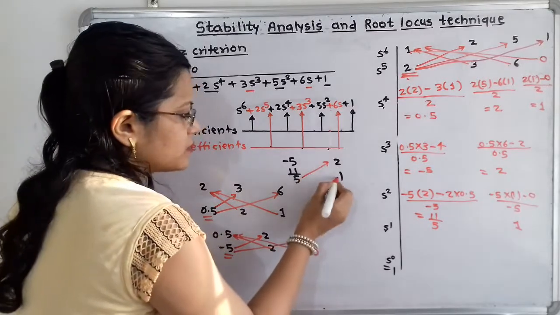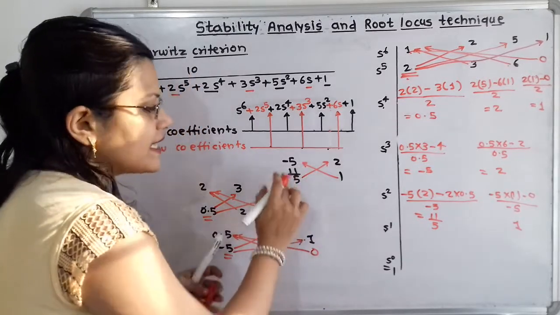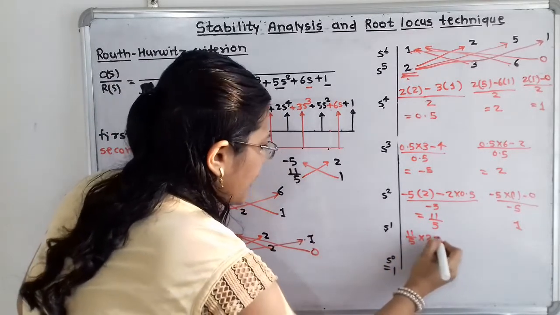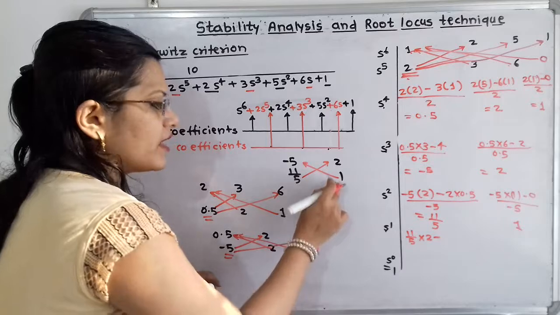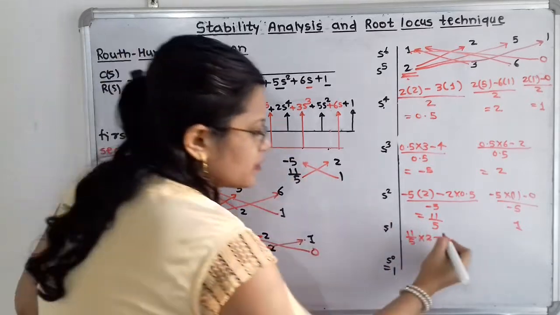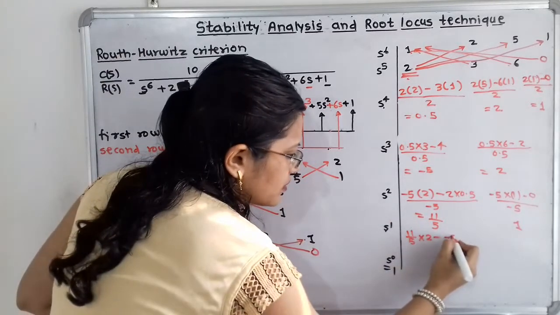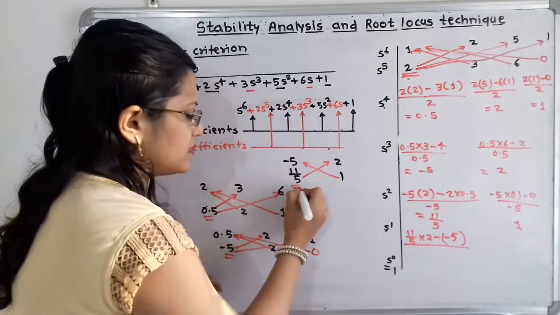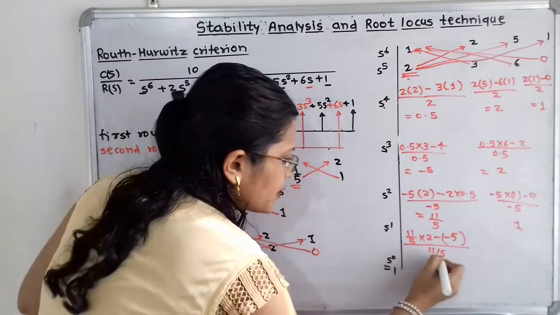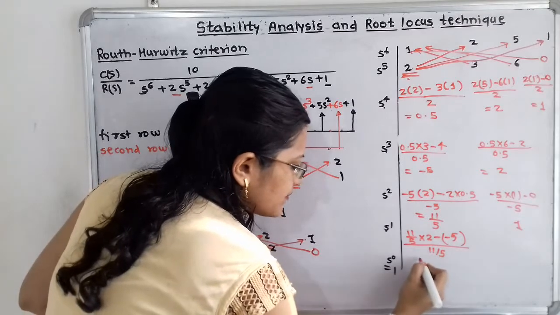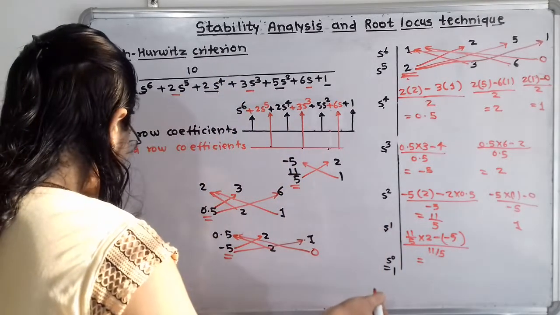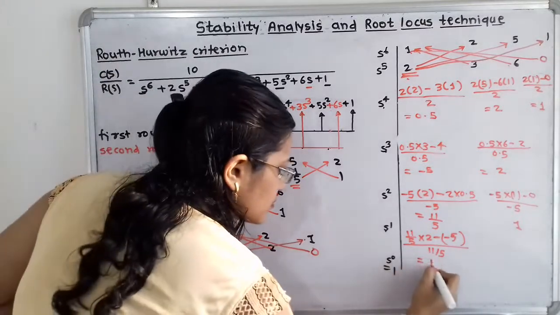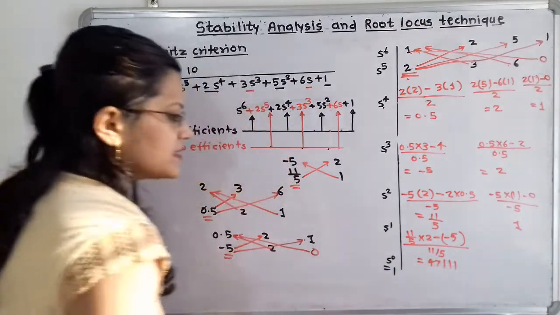We have to take the cross multiplication, that is 11 by 5 multiplied by 2 minus 1 into minus 5, divided by 11 by 5. When we calculate this, the answer is 47 by 11.